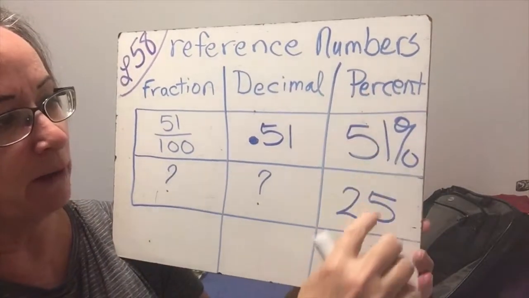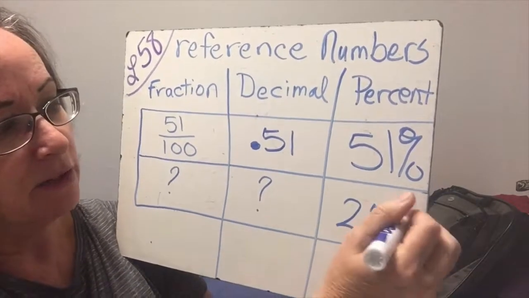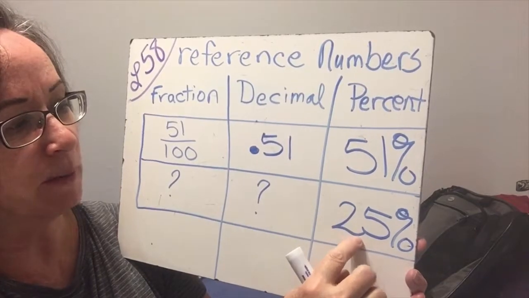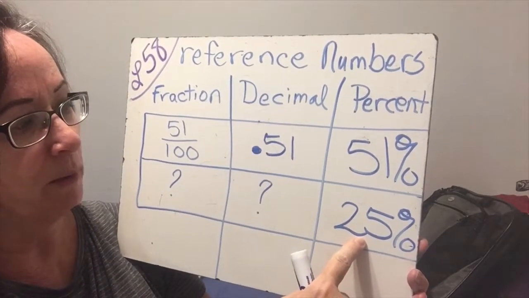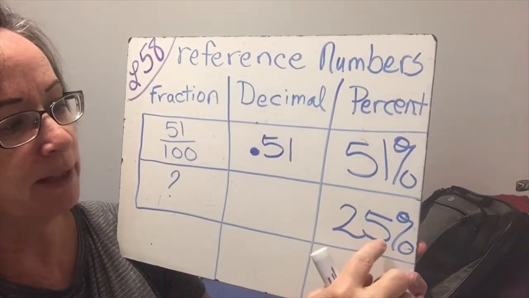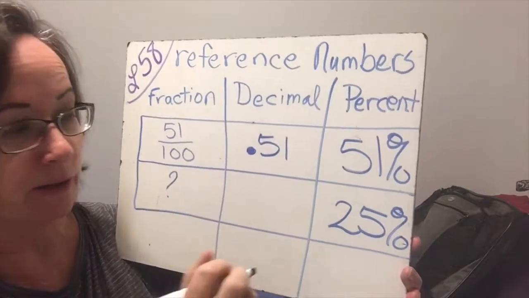Okay, so here we are given 25%. So now the 25%, when we go backwards to the decimal, we move the decimal to the left to get back from the percent to the decimal.